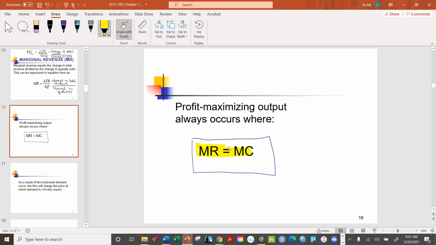If you were to write up a list of the most important, let's say 5 or 10 concepts in economics, this would have to go to the top of that list, because all of our decision making is going to come down to this principle that you must, or you ideally should be selling your product at a point where the marginal revenue equals the marginal cost.